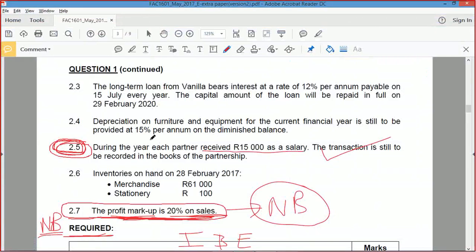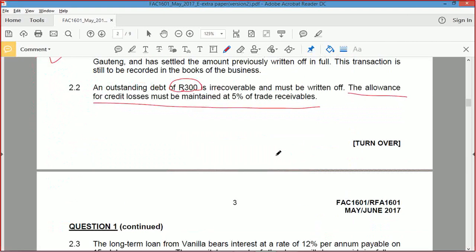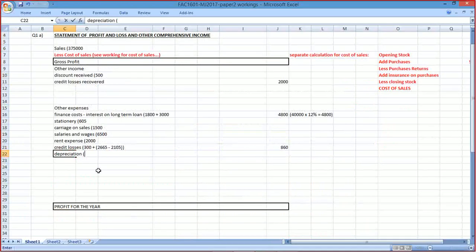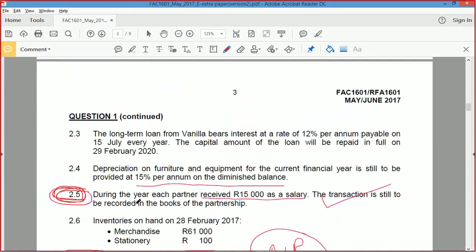Right, so depreciation, open brackets. How am I calculating it? 15% per annum on the diminishing balance method. Okay, so furniture, it's 15%. Where's my furniture and equipment? There's my two amounts, 35,000 and then 3,500. So depreciation is going to be open brackets, 35,000 minus 3,500, close brackets, times 15%.